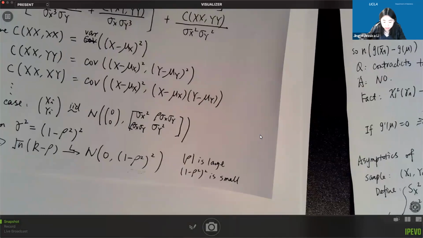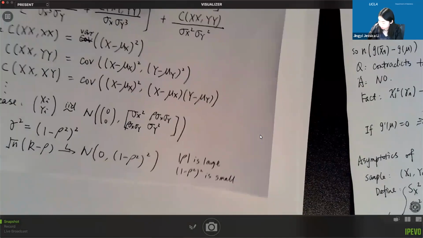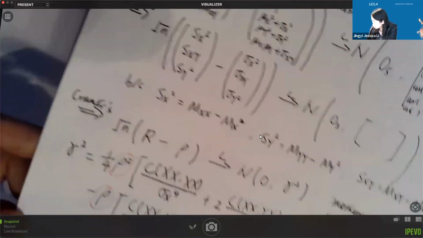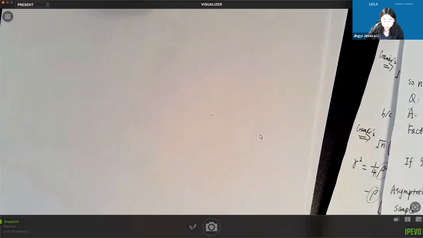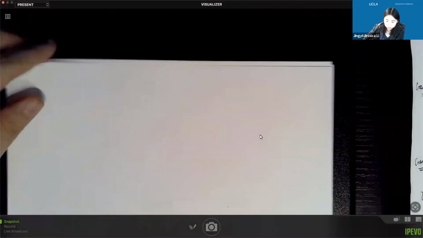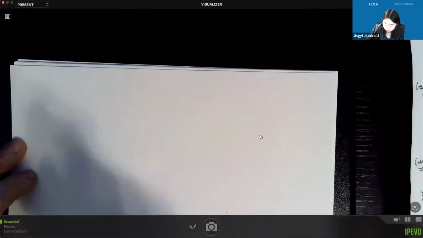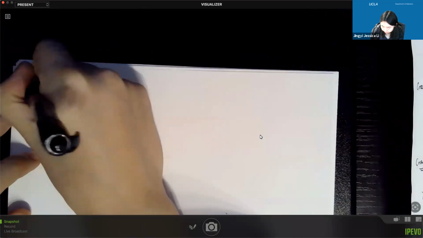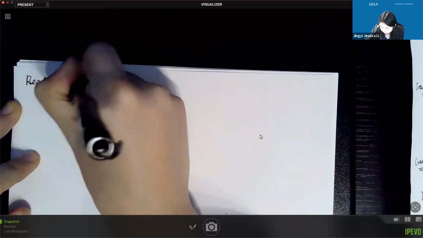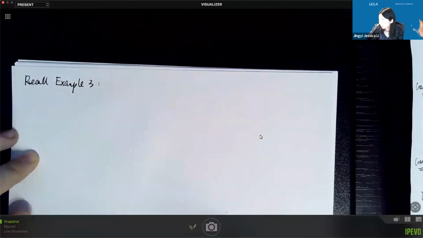So for example, let's look at this one. I think this is not a good example. We're going to revisit it, but probably a better example is this. So recall our example 3, which we just showed you briefly.